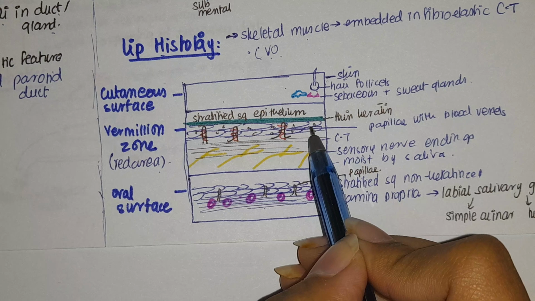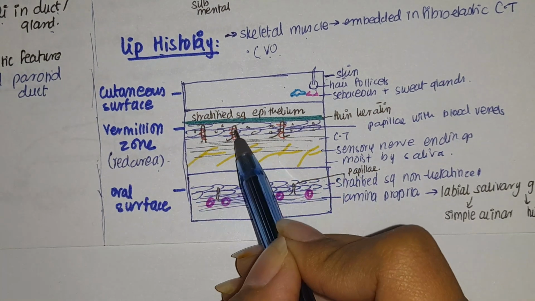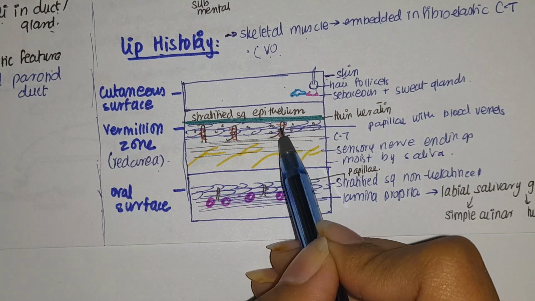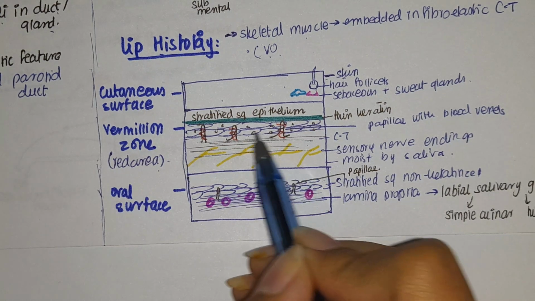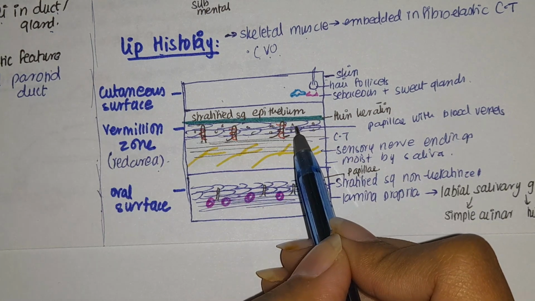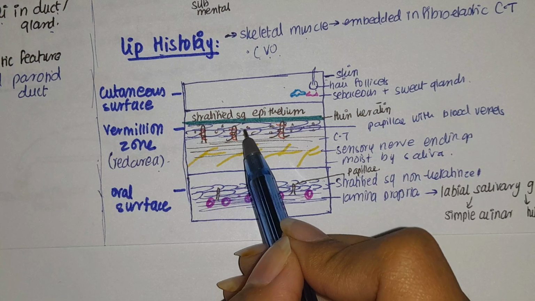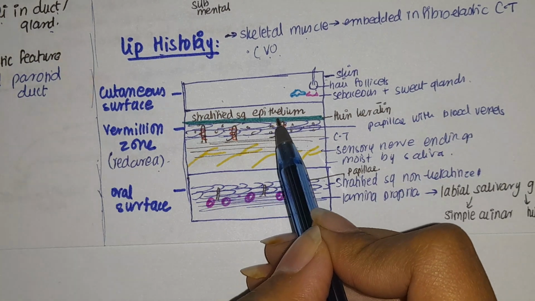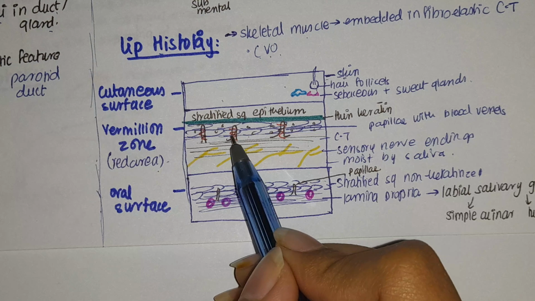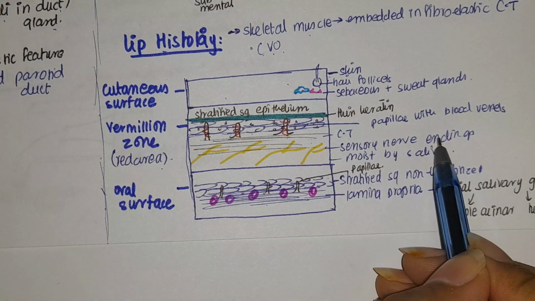And from the lamina propria there are projections which are papillae, and the papillae have blood vessels surrounding them. Due to the papillae having blood vessels, it is given a red color. That is why it is known as the vermilion zone. So stratified squamous keratinized epithelium with papillae, and the papillae have blood capillaries as well as sensory nerve endings.